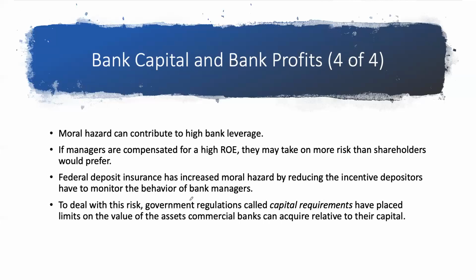Okay. Now, in order to combat this, the government imposes what are known as capital requirements. This is an indirect way of managing how high the leverage ratio can get, right?